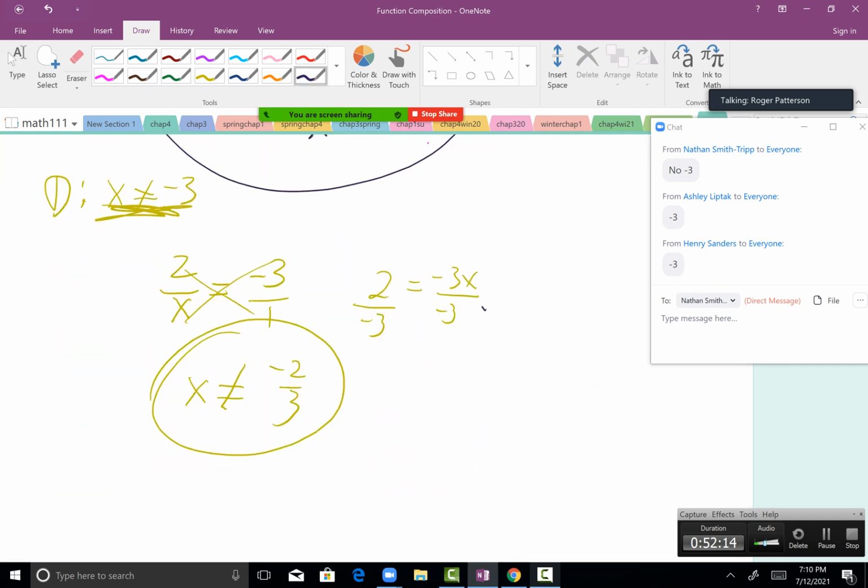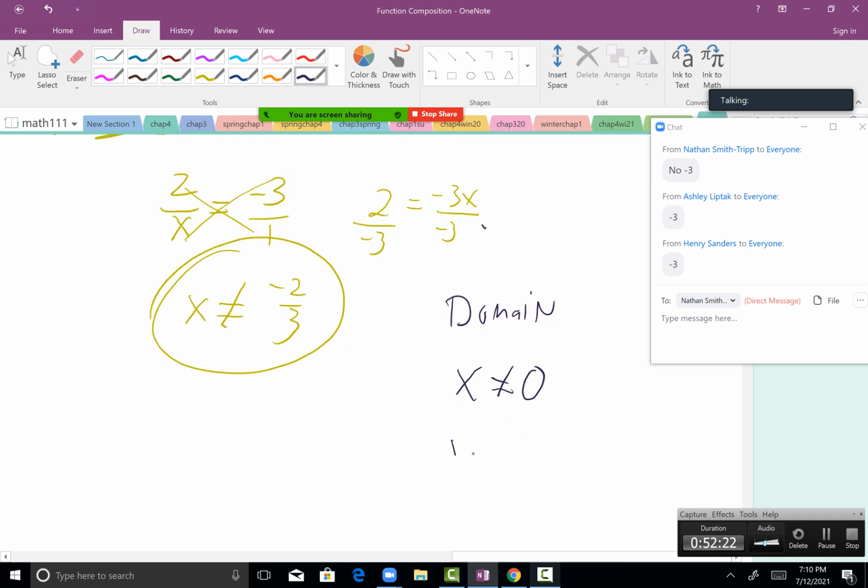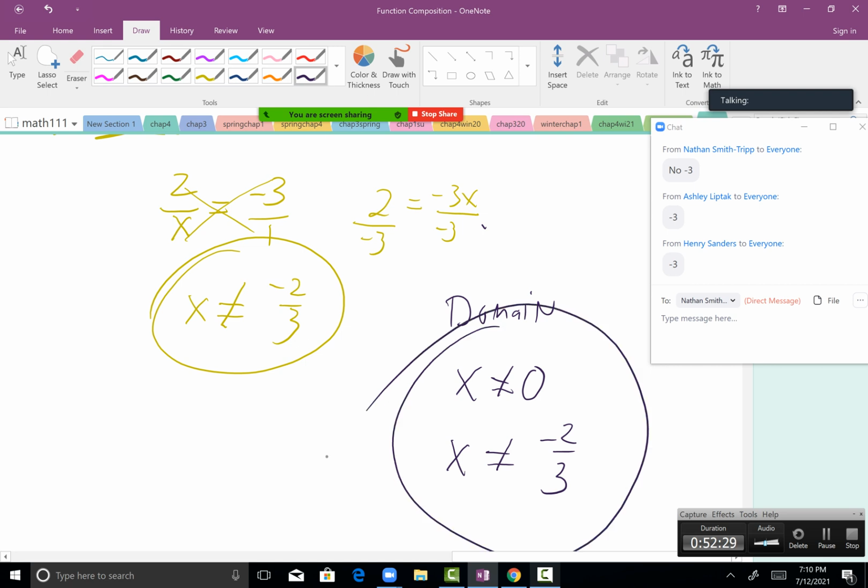That means that my domain for the whole thing is x cannot be 0, and x cannot be -2/3. It can't be 0 because that gives me a problem in the first function.